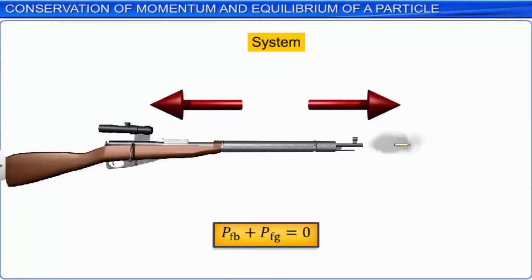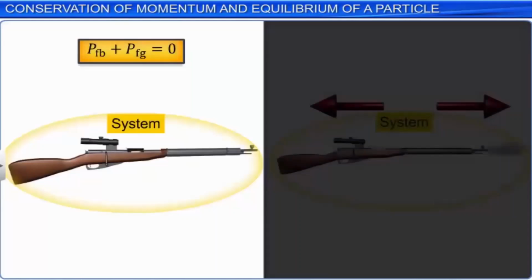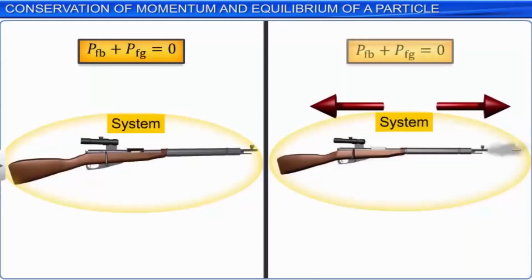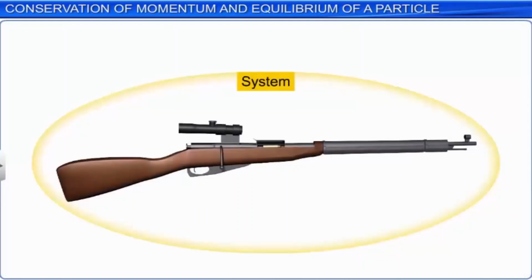We started with zero momentum of the system, and its final momentum is also zero. This shows that the total momentum of the system is conserved. That is, it remains unchanged.